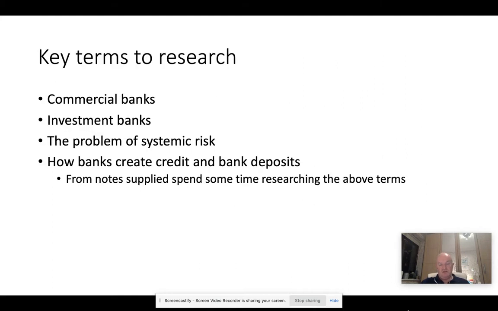Okay, so some of the key terms to research then. Need to find out a little bit more about commercial banks. On page 11 within your CC12 booklet, there are some good starting points in terms of what commercial banks typically are and the types of commercial banks that some of you will definitely be familiar with, but also a little bit more about investment banks, and we talk a little bit about the problem of systemic risk.